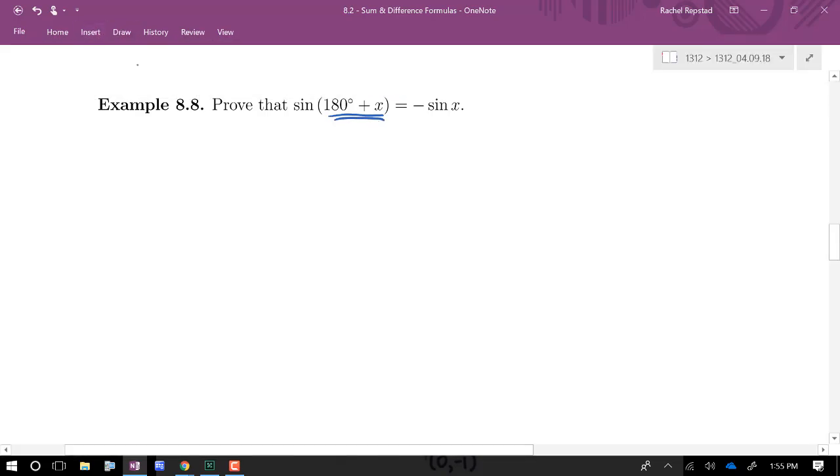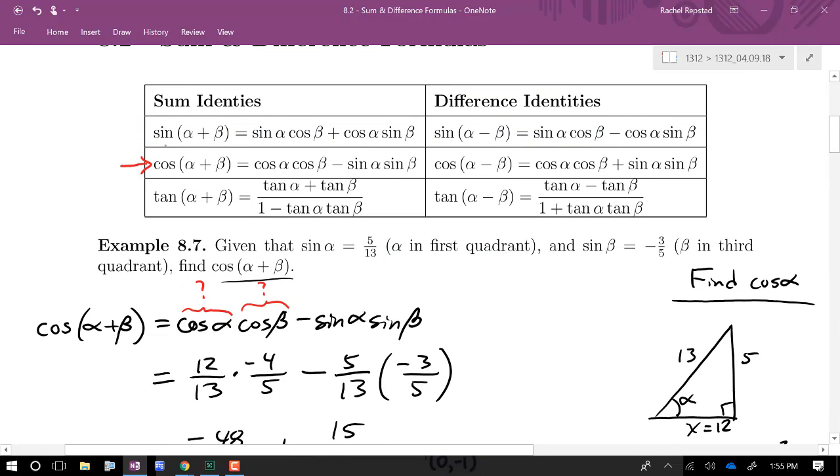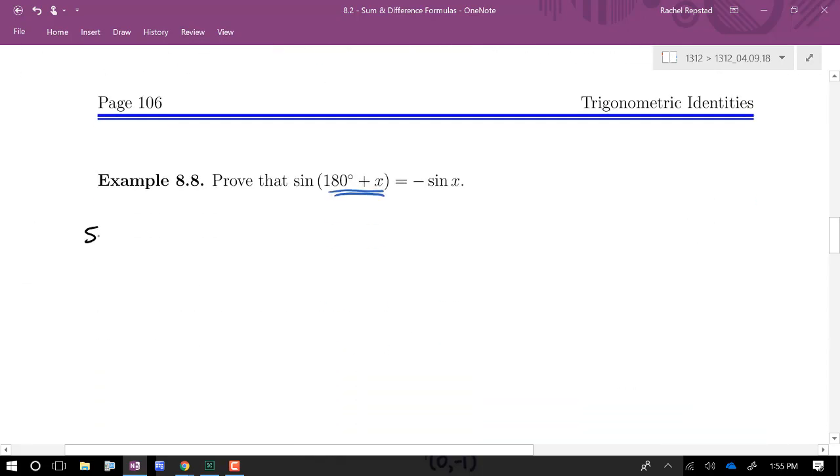So if we look back up here, I think it's the first one. Yeah. So sine of alpha plus beta is equal to sine alpha cosine beta plus cosine alpha sine beta.